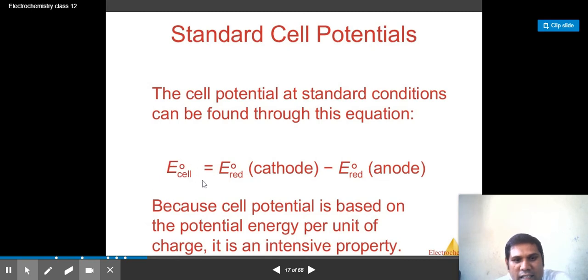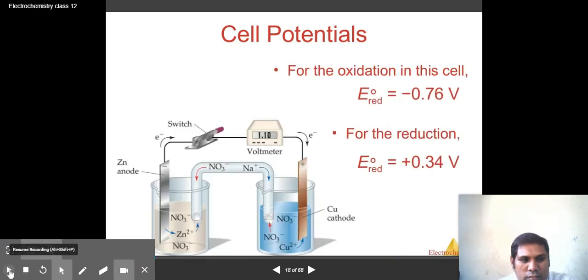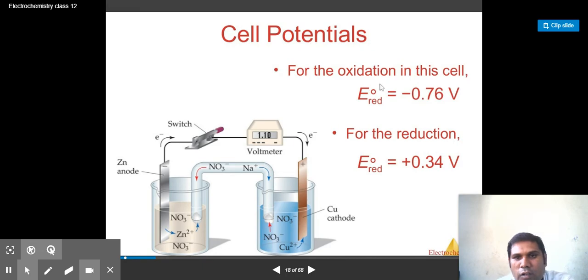E standard cell is equal to E standard reduction potential of the cathode minus E standard reduction potential of the anode. This is the left hand side part and this is the right hand side part. So that is E cathode minus E anode.